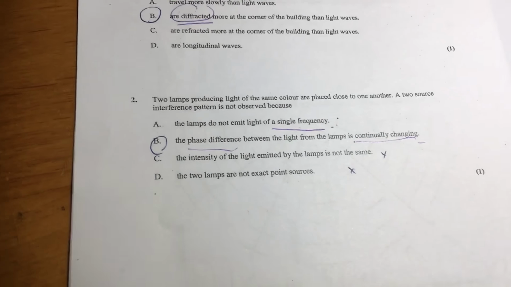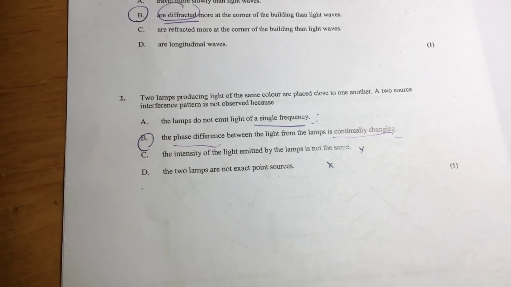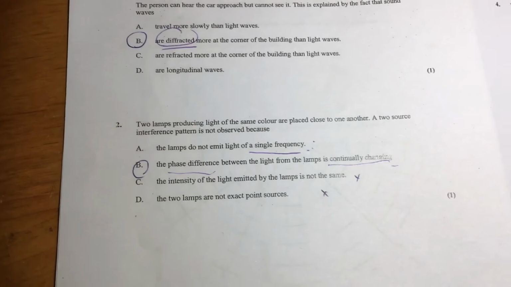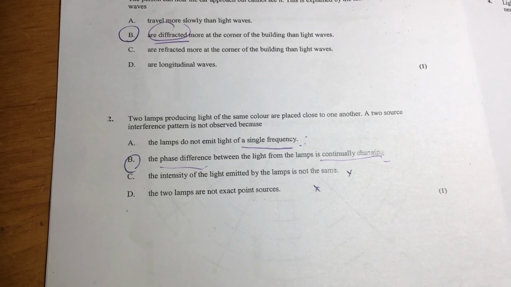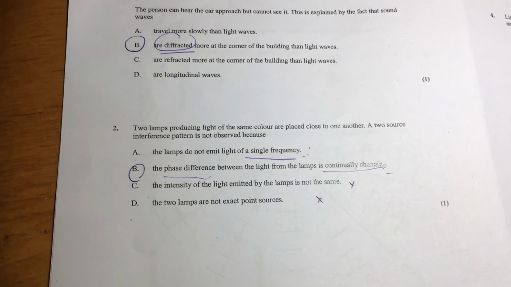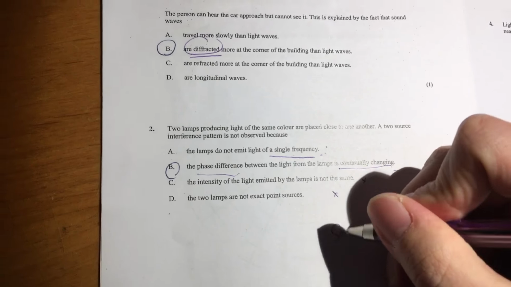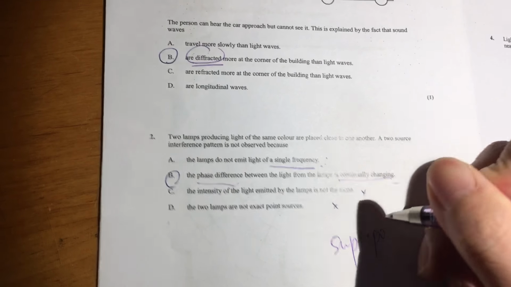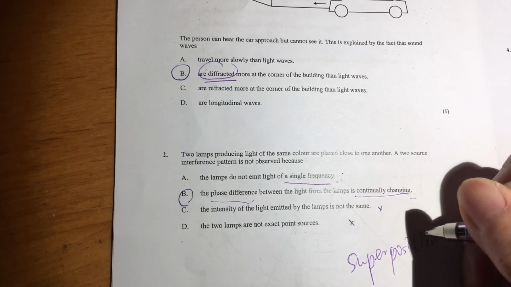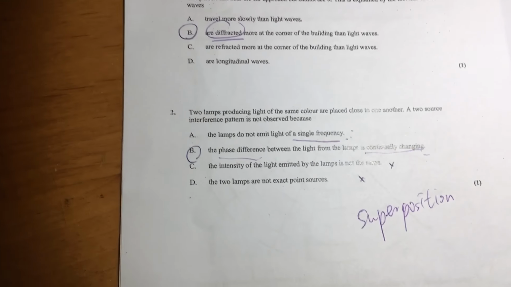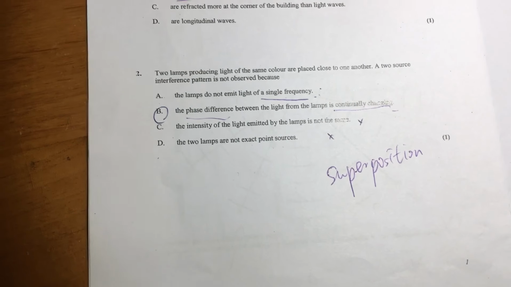You may say, hey, in this case why can't we just still have the interference pattern but changing? You know what I'm talking about? The interference pattern can actually still be obtained, because the idea of interference itself is simply superposition. And superposition is simply adding the displacement of different waves, two waves for example, together.